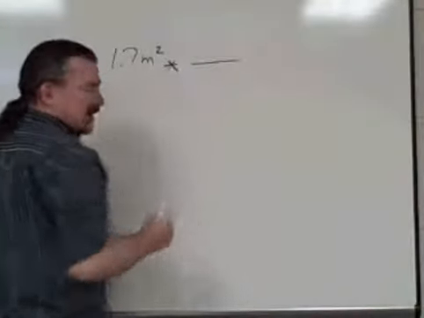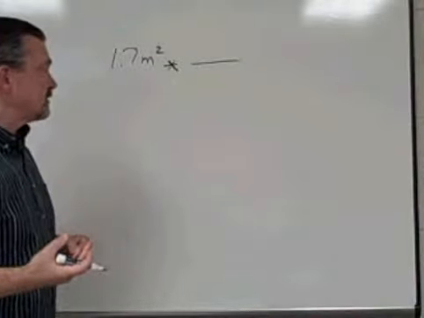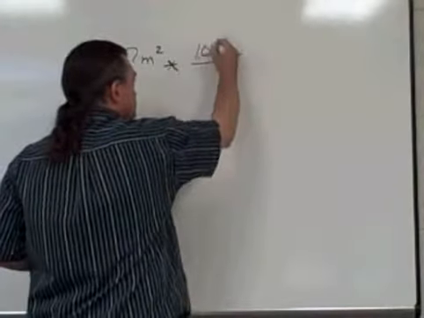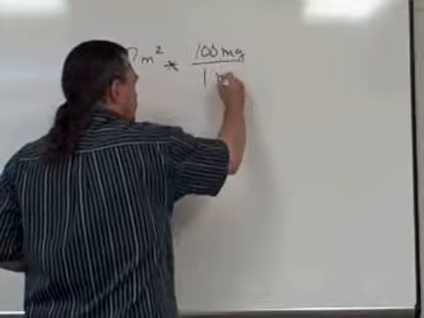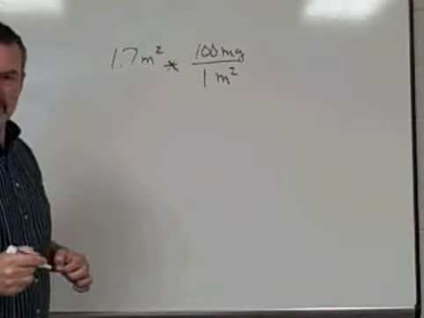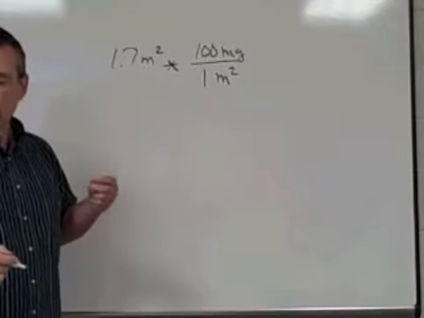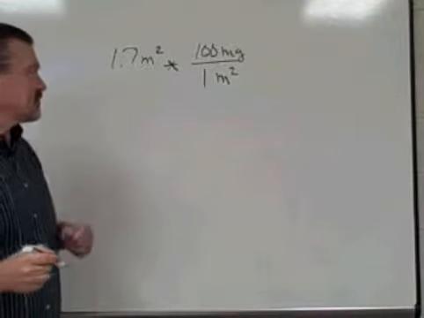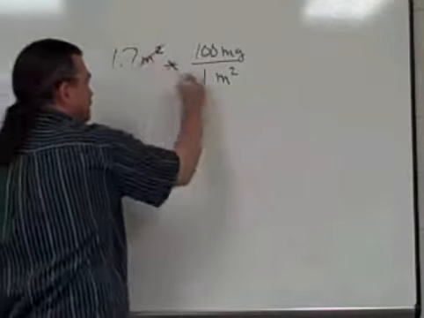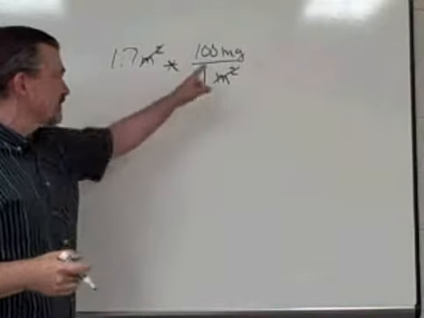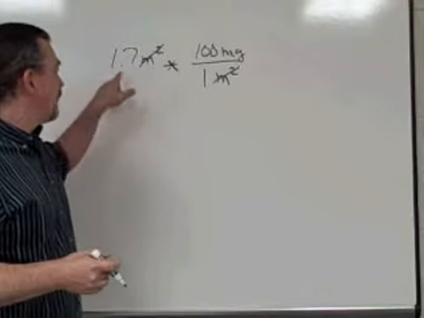We're going to multiply that by the application rate, which was 100 milligrams for every 1 square meter of body surface area. If we perform this operation, we will know how many milligrams of the drug this patient should receive. The square meters cancel for us, leaving us milligrams of drug.